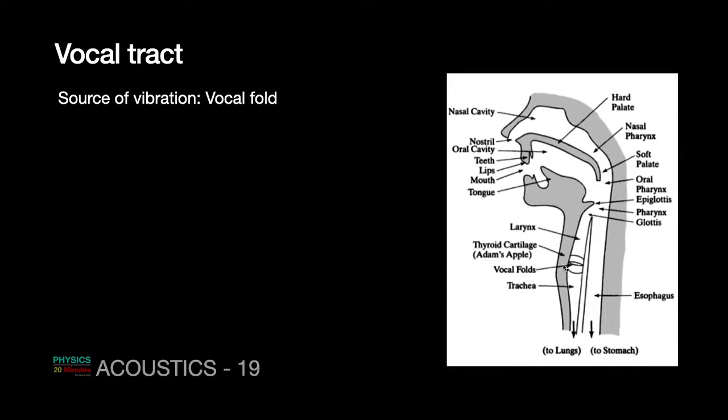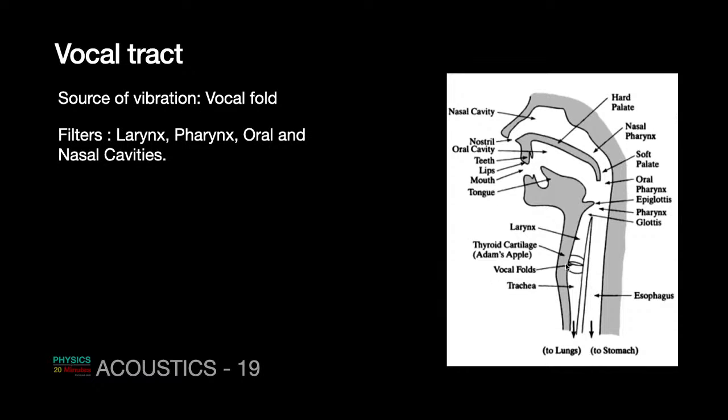So it's very simple to locate. You can push a small mirror in your mouth and reflect its image on a camera also. So that's the seat of the source of vibrations, the vocal fold. We'll come to it in a while.